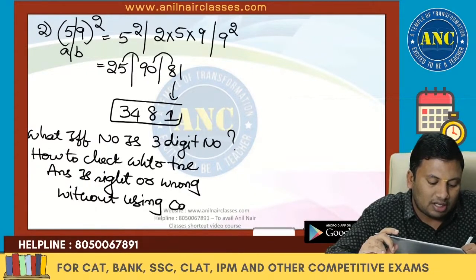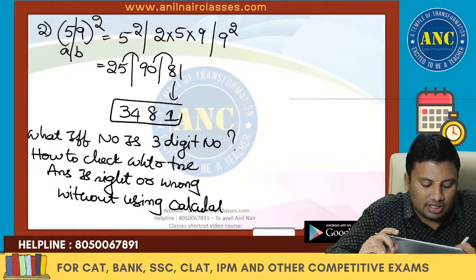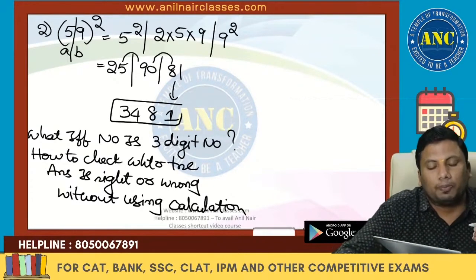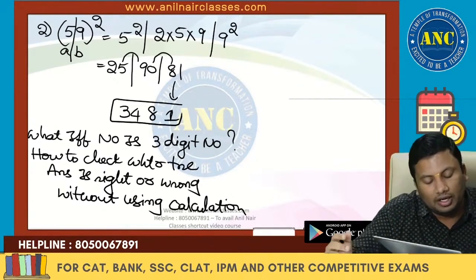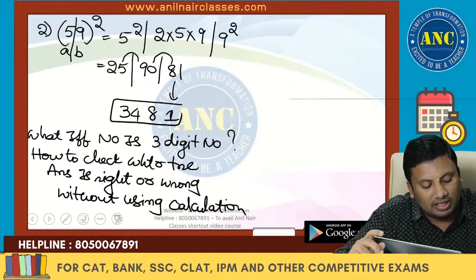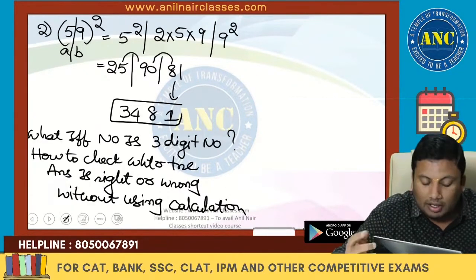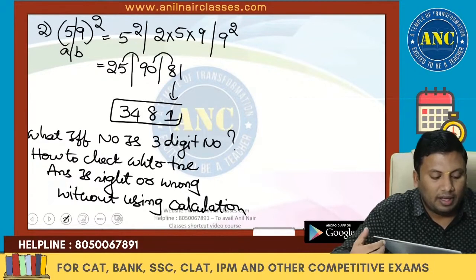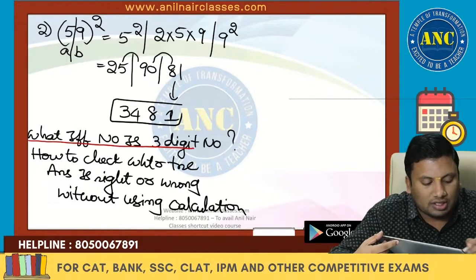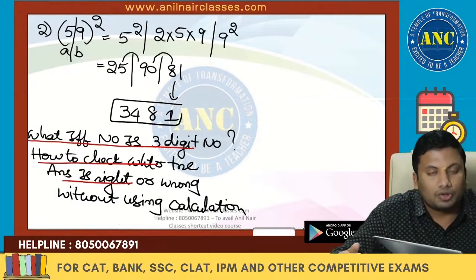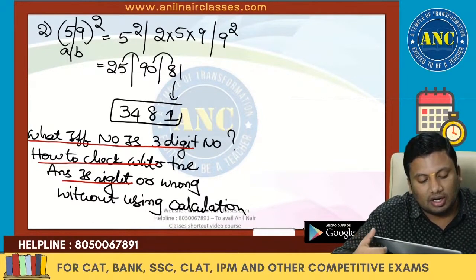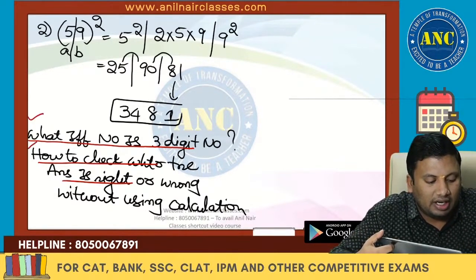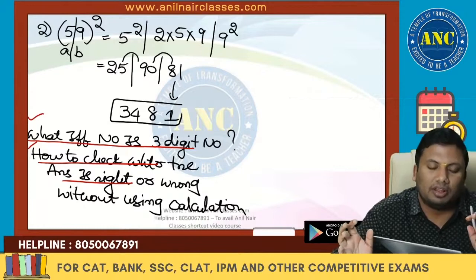A human being is not developed by a machine. Any time, the collective power of human beings can defeat machine intelligence. The collective power of human can never be replaced. These are the two doubts that you will get. How to check whether the answer is right or wrong? What if the number is a 3-digit number? Let us see these questions one by one.